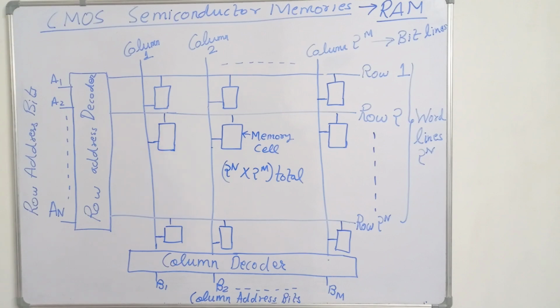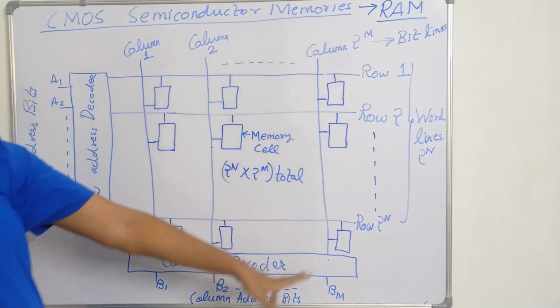So this diagram shows a typical memory array organization. This is how the memory cells are organized in an array. You can see the memory cells are organized in an array of horizontal rows and vertical columns.